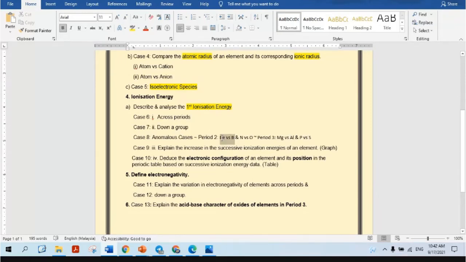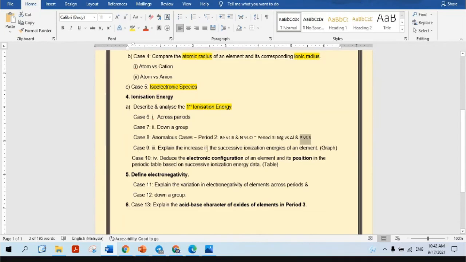The explanation for beryllium, boron, and magnesium, aluminium is the same, due to the fully filled 2s orbital. And for nitrogen and oxygen, and phosphorus and sulfur, it is the same, due to the half-filled 3p orbital or 2p orbital. So you can check it by using electronic configuration or orbital diagram.